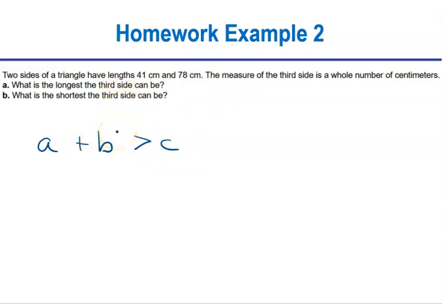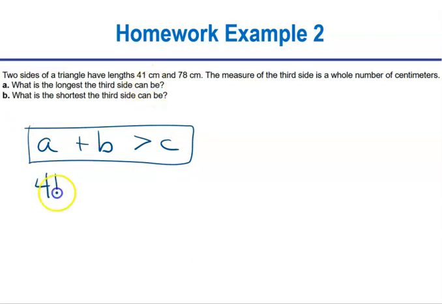So bear with me. First, let's plug in one option. 41 centimeters is side A, plus we don't know what B is, and that's got to be greater than 78 centimeters. Notice this time I said 78 centimeters was side C, the biggest one of the three.